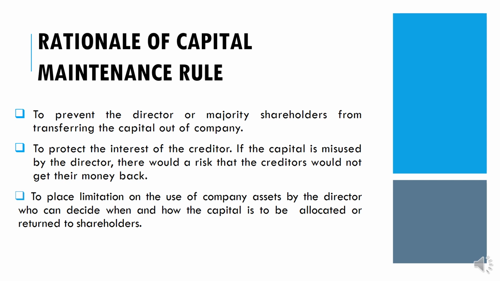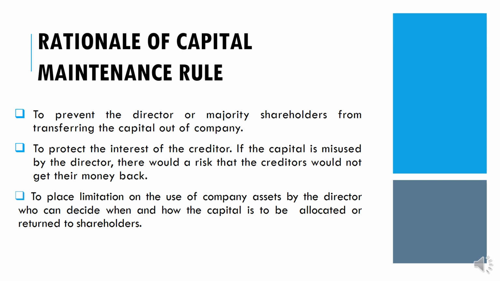The creditors are aware of the money that the company has, so the creditors agreed to give credits to the company based on the capital of the company. The creditors give credits, but now when the capital is misused, there will be no more money in the company, right? So the creditors now are at risk. How would the company pay back the credit when the company has no money? So this is why we have this rule, right? To protect the interests of the creditors.